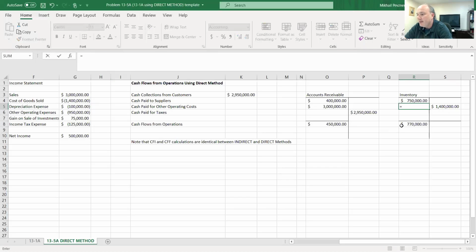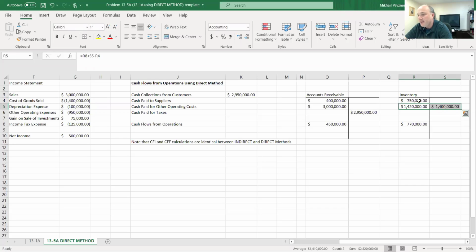That's 770 plus 1.4 minus 750, 1.420, right? And that makes sense because think about it, my inventory actually went up over time by $20,000. So it must have been that purchases exceeded my inventory taken out by 20,000.